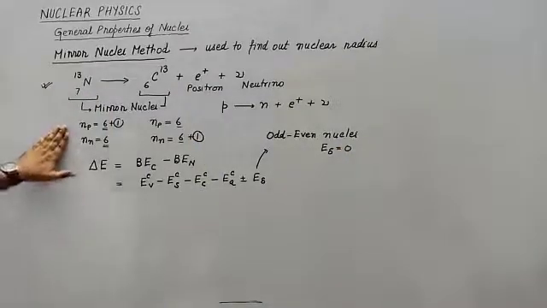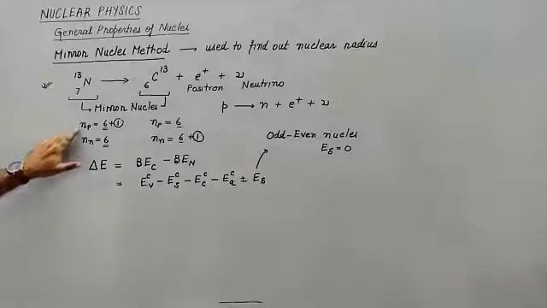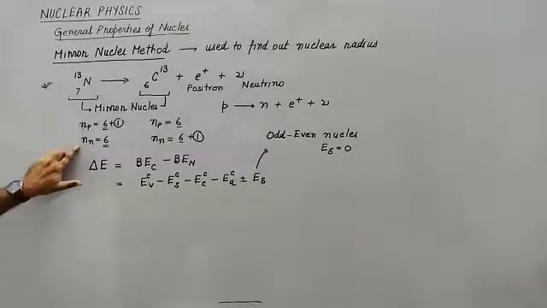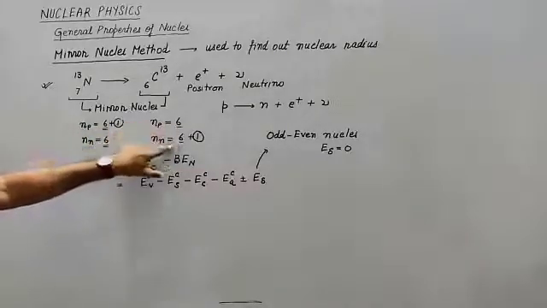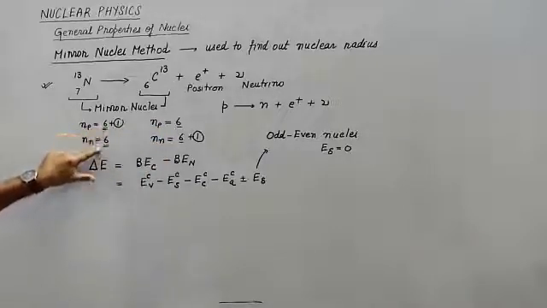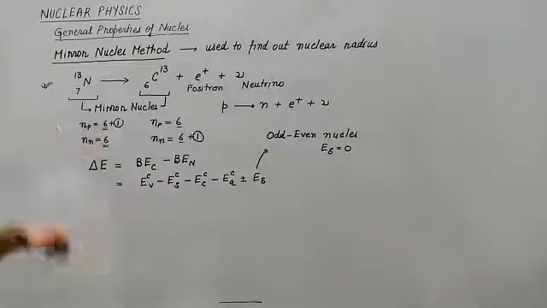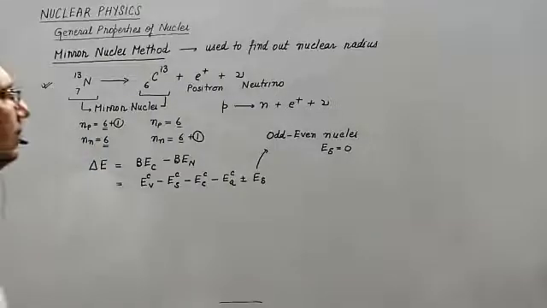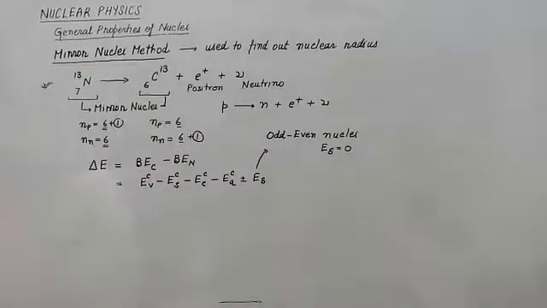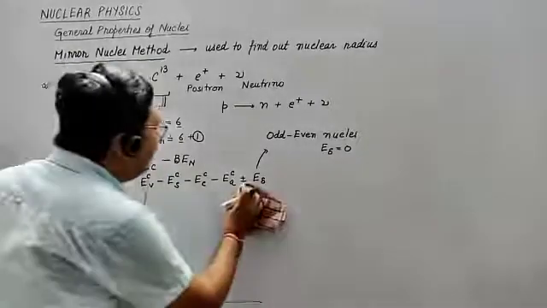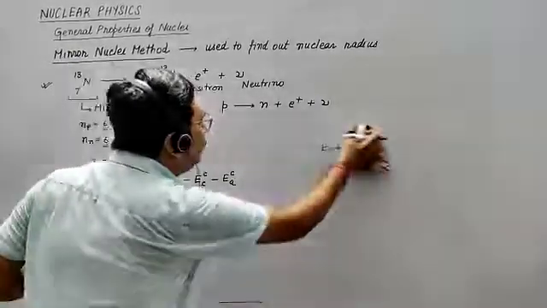Odd even or even odd nuclei means that out of the number of protons and neutrons, one is an odd number and the other is even. Here this is even, this is odd, so this is even odd nuclei, and here this is odd, this is even. So they are even odd or odd even nuclei. For these, the E delta or pairing energy term is 0, so I am removing this term.